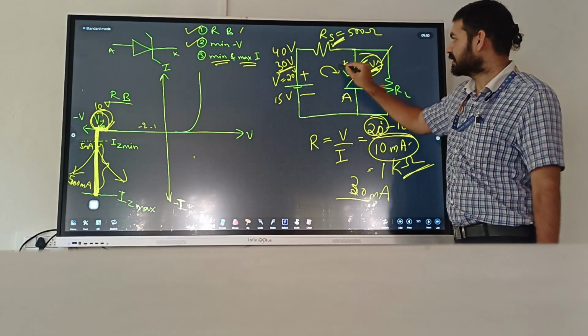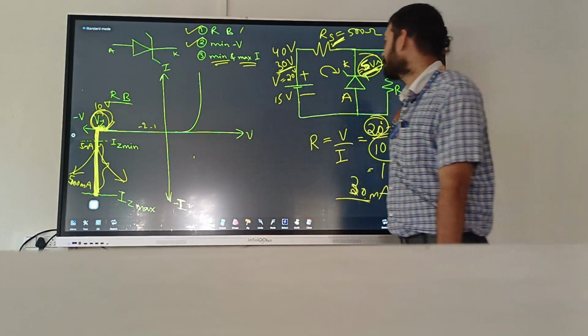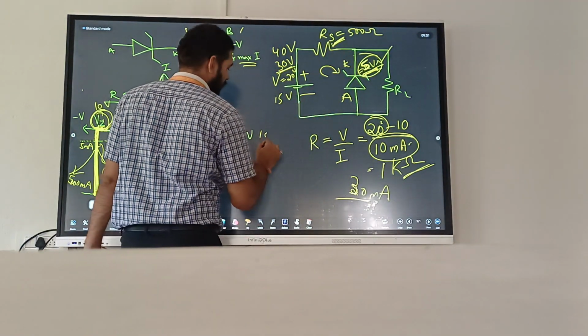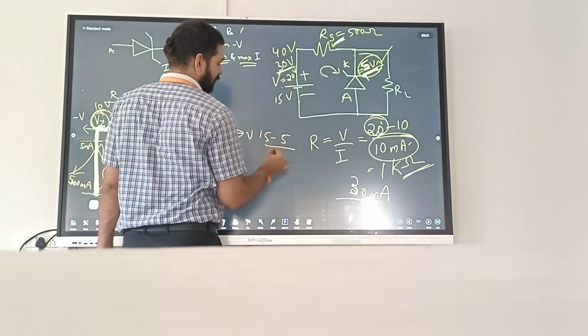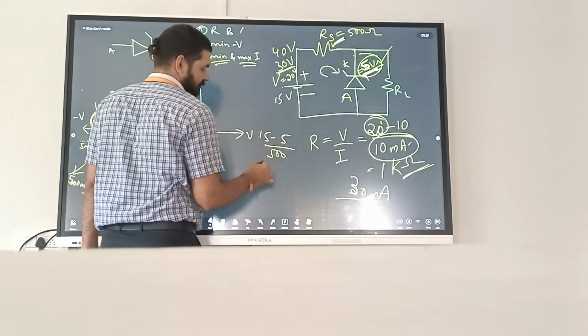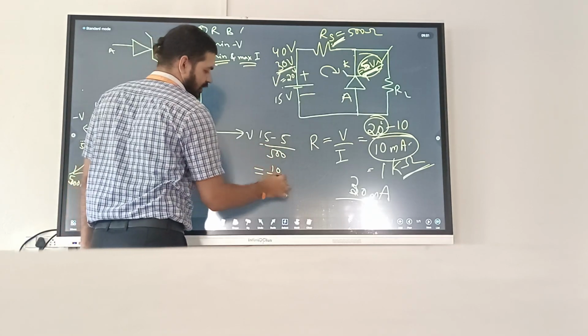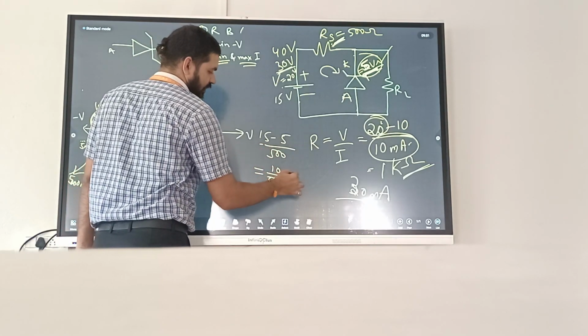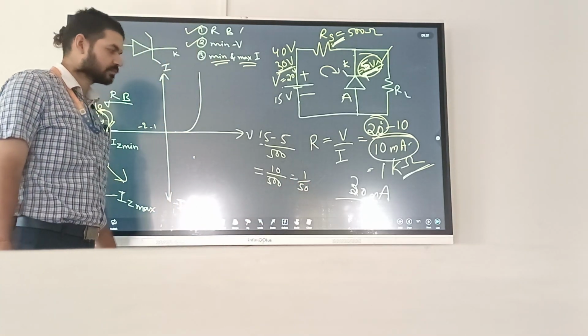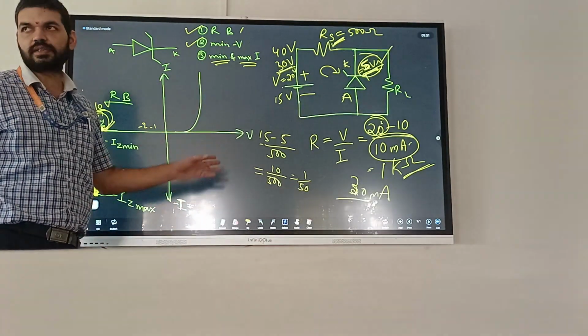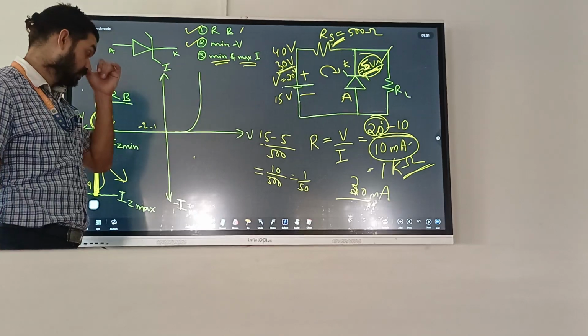Find the current in the circuit. So you have to apply 15 minus 5, V by R, divided by 500. This will give you the current. So it is 10 by 500, or it is 1 by 50. Like this we can find out the current.